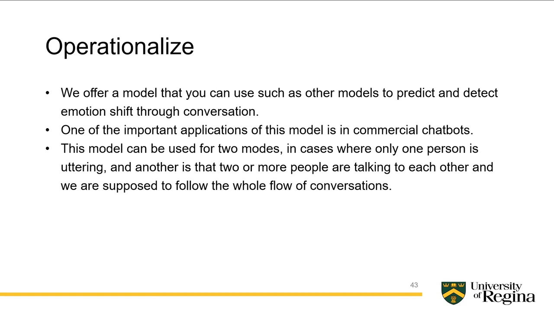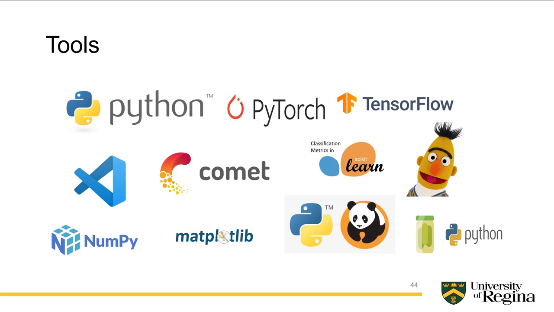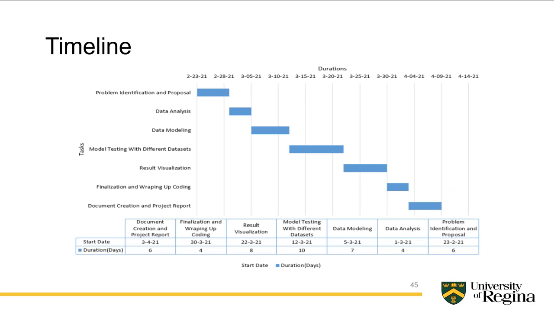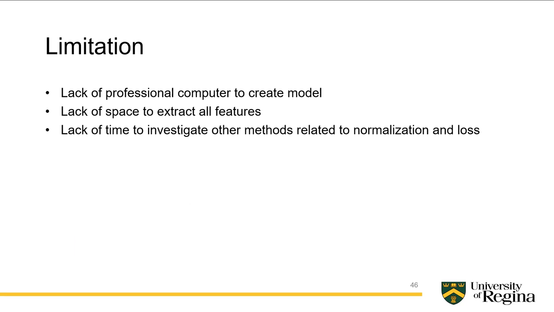This model can be used in two modes: where only one person is uttering, and where two or more people are talking to each other and we are supposed to follow the whole flow of a conversation. These are the tools that we went through, and this is our timeline.